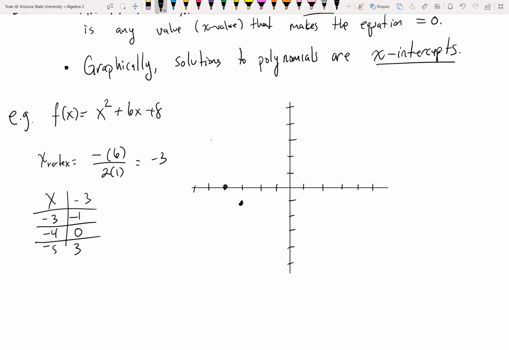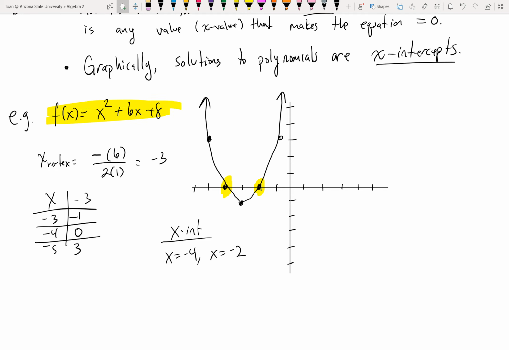And of course we can mirror image it to the other side. So for this parabola, this is the shape we get. Now we should easily be able to see what the x-intercepts are. We can see that the x-intercepts are located at x equals negative 4 and x equals negative 2. So I would say negative 4 and negative 2 are the zeros of this function.